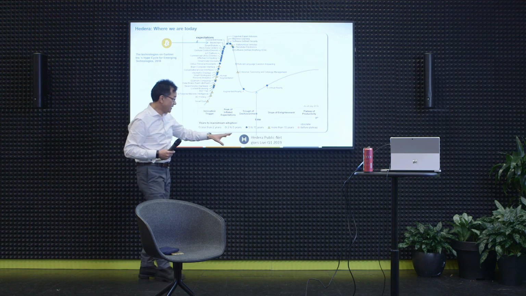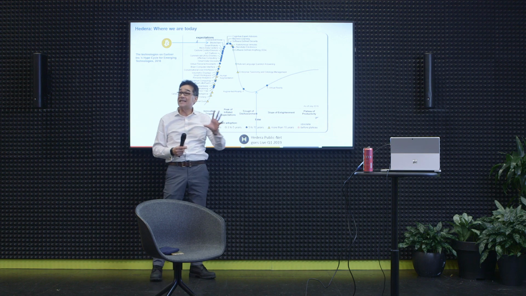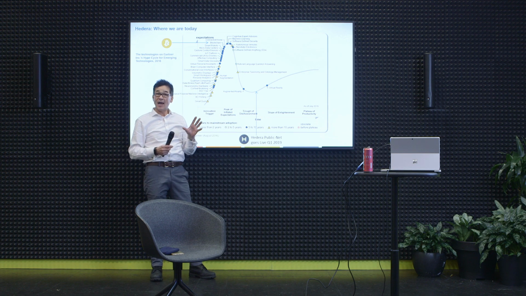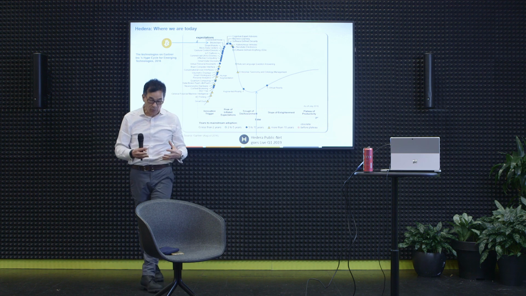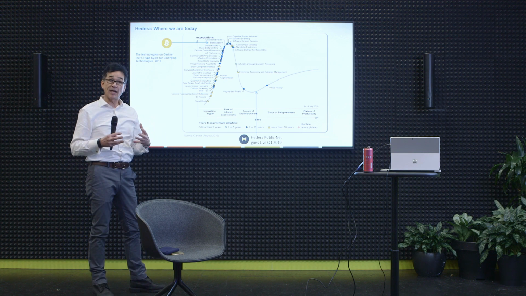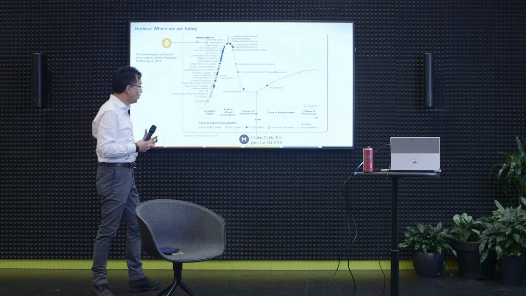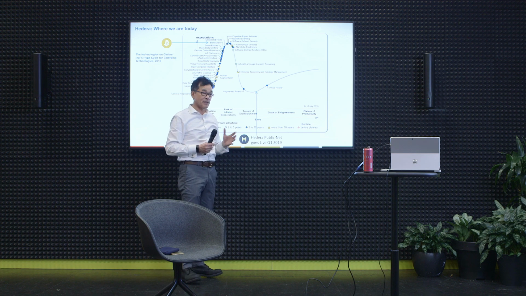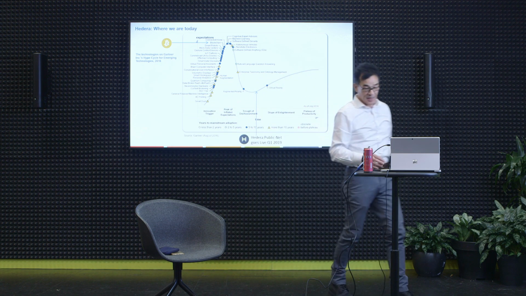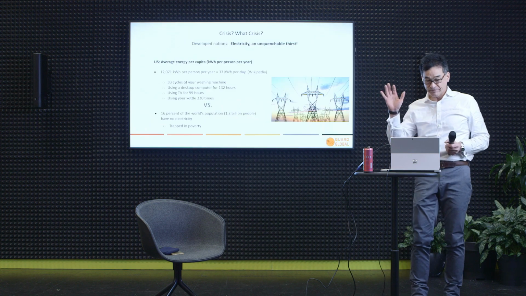I think Hedera is ideally placed for this, and I encourage everyone to collaborate and build applications which are useful, no matter how small they are, so that we can climb this slope of enlightenment and share information.